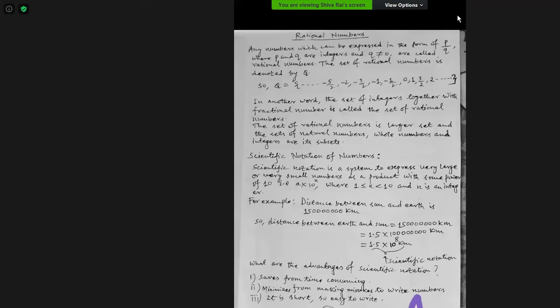Look here, one example. Before that, scientific notation means writing a very large or very small number in the form of a into 10 to the power n, where 1 is less than or equal to a, is less than 10. What does it mean? The value of a varies from equal to 1 to less than 10.